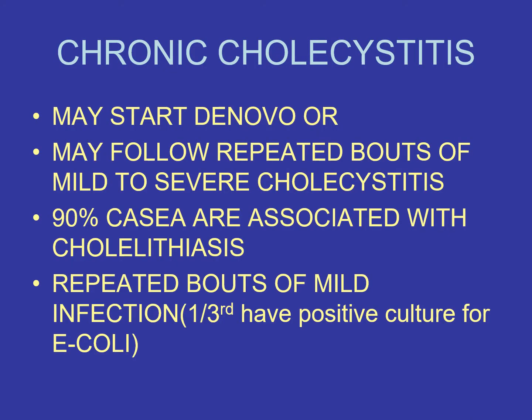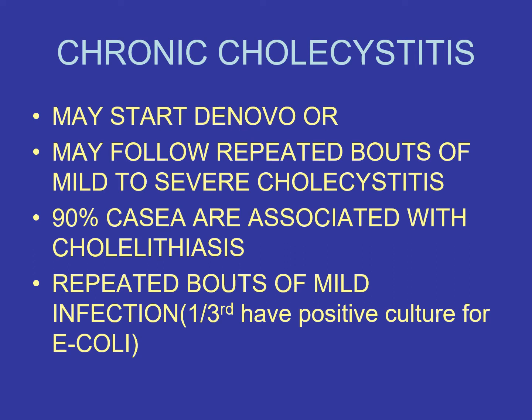Now the chronic cholecystitis. This is one of the most important topics from the point of view of examination. This is chronic inflammation of the wall of the gallbladder, which may start de novo. It means that it may start with a stone or may follow repeated bouts of mild to severe acute cholecystitis.